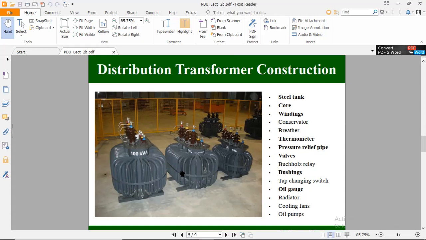Off load tap changers are the type where the load is off, and you switch and operate the tap during the off-load mode. So these are the two categories of tap changers, which are placed according to the required criteria.